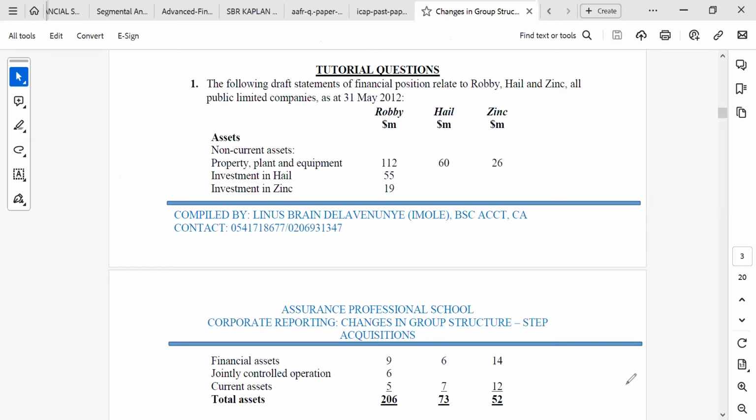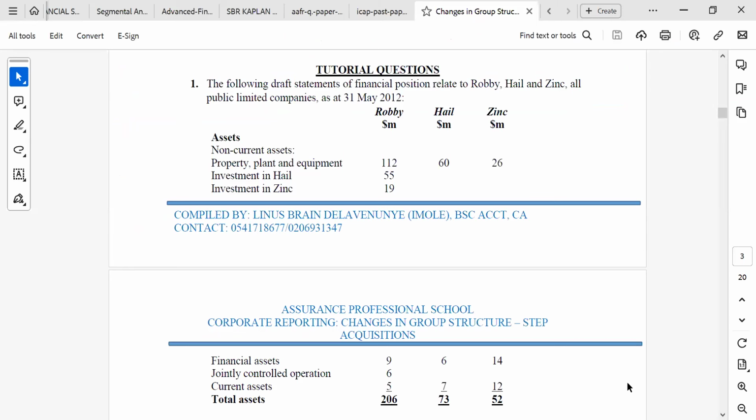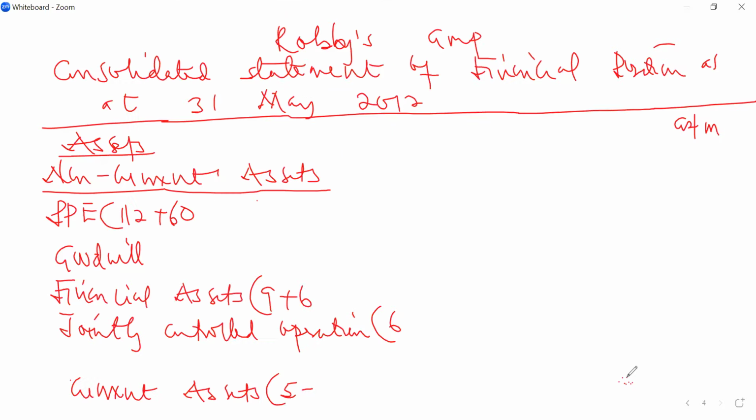So this 6, then you can leave some space to count your current assets, because there can still be some assets that will be coming, but they are not in this particular statement. Okay, so we have 5 and 7. We have 5 plus 7.